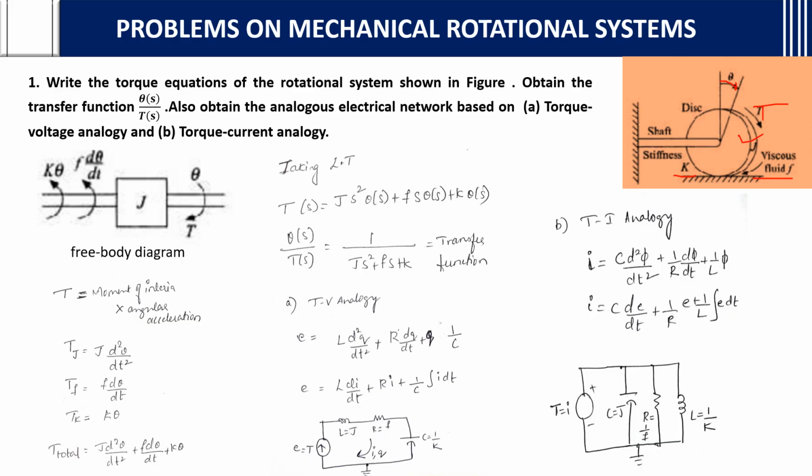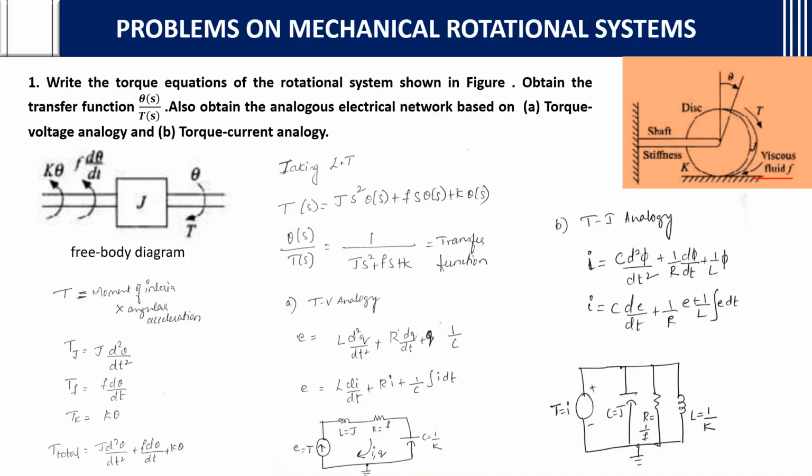So after seeing this diagram, we need to draw the free body diagram for this, same like the translational system. Here in the question they are asking that torque equations need to be written and the transfer function theta of S by T of S. Also obtain the analogous electrical network based on torque voltage and torque current analogy.